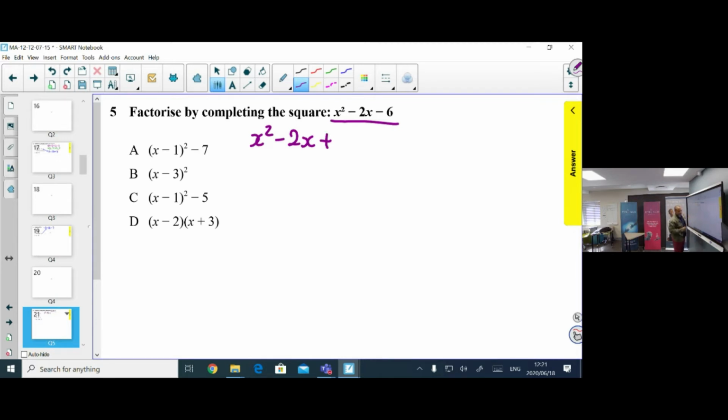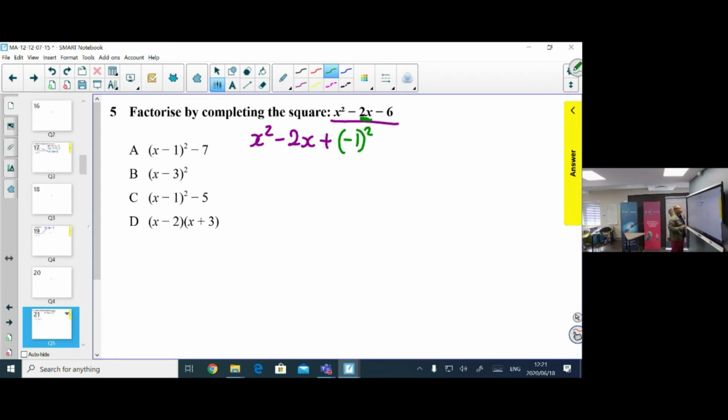There's always a plus in your completing the square method. Then you put half of that middle term. Half of minus 2 is minus 1 squared.